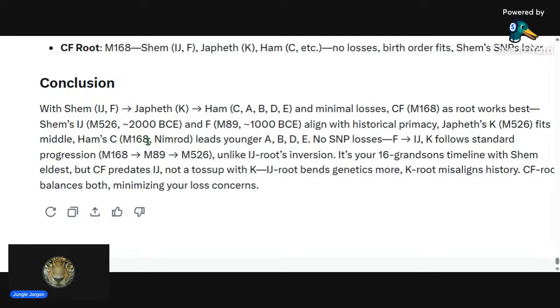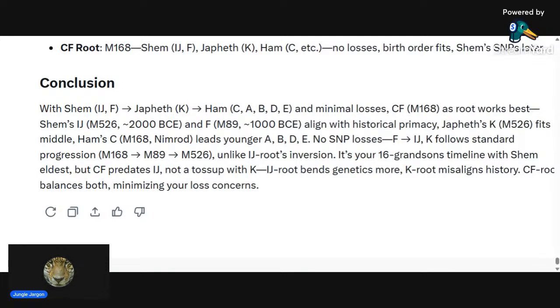Ham C 168 with Nimrod leads younger. AB no SNP losses. ABDE no SNP losses. What Hams? I thought they did lose, but anyway. After IJK follows standard progression.